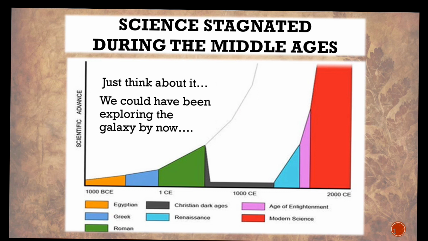So just think about it. We could have been exploring the galaxy by now, right? If you take a look at this light blue, this purple, this pinkish one, then this red one, if we move this three to the left, it's possible that the development of science would be more advanced, and that we would now be exploring the galaxy, although there are already scientists right now who are exploring the galaxy, right, NASA.